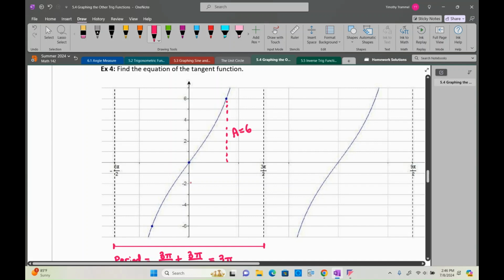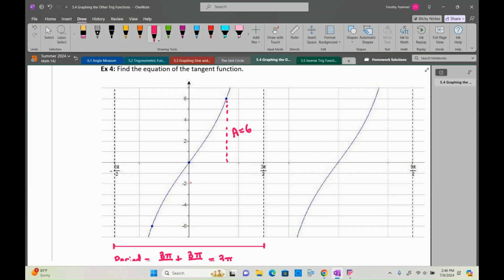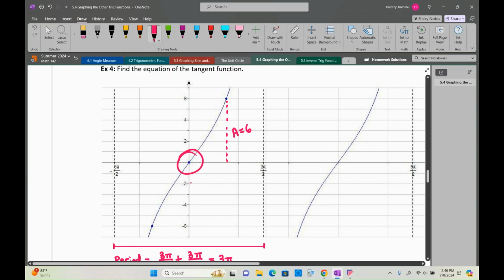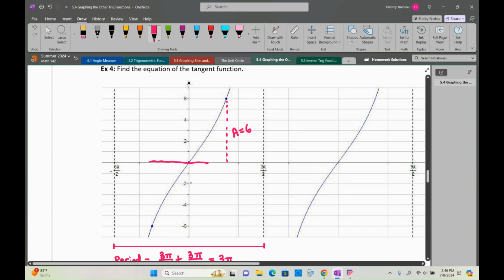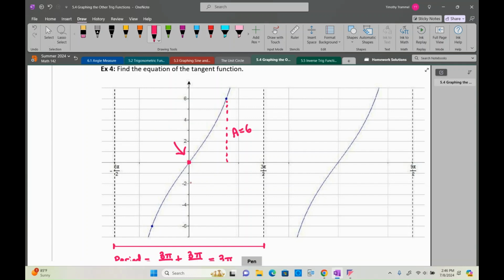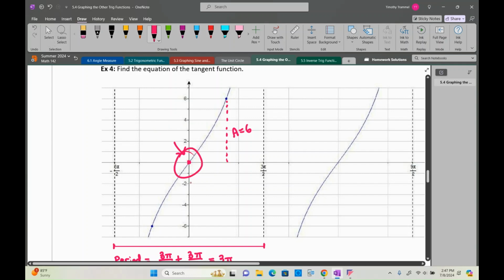Now, we do have the question, are there any other transformations? Okay, so I see no vertical shift here because the middle of my tangent function is based along the x-axis here. So there's been no vertical shift. And actually, I'm going to say no vertical or horizontal shift, because also this middle part hasn't been moved left or right.